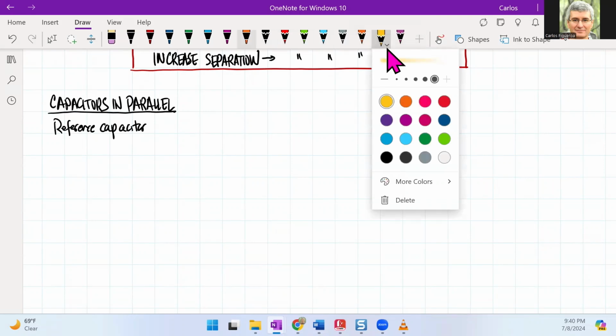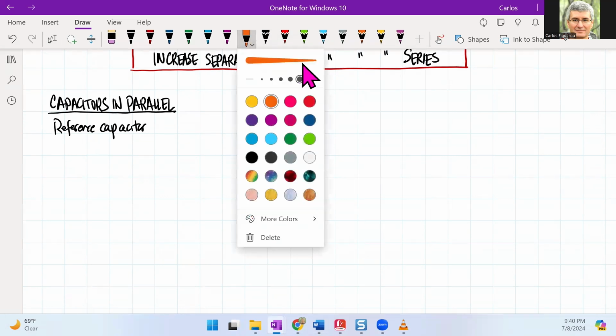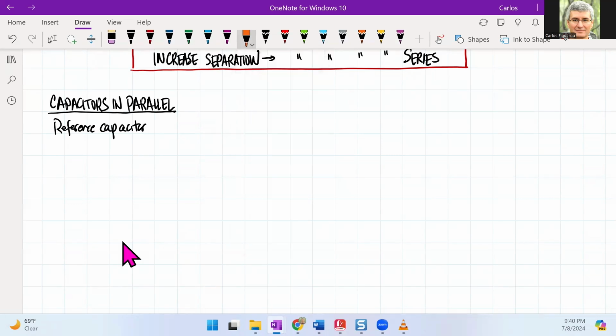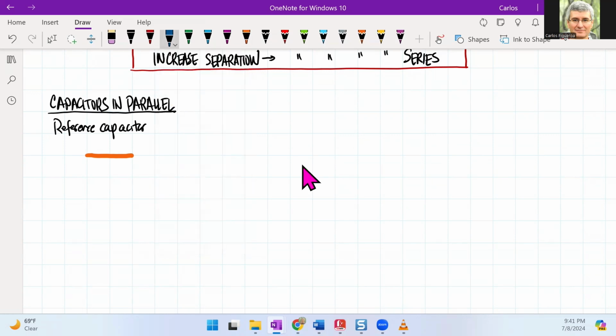How about I set a thick line here, and this is my top plate. This is going to be my thick line at the bottom. And then, of course, we have a dielectric in here. That might be too big, but let's just go with it. So this is my capacitor, and I'm going to call this capacitor C1.